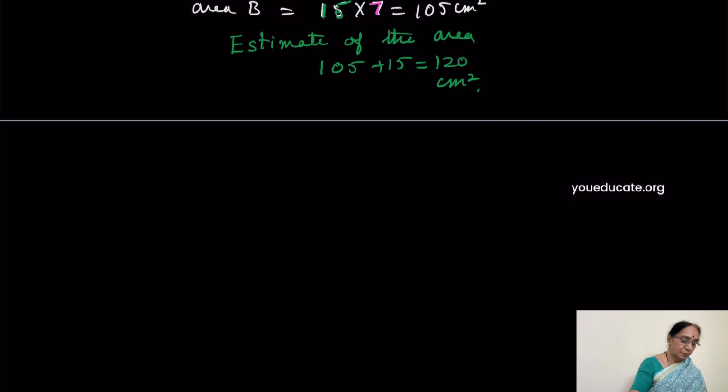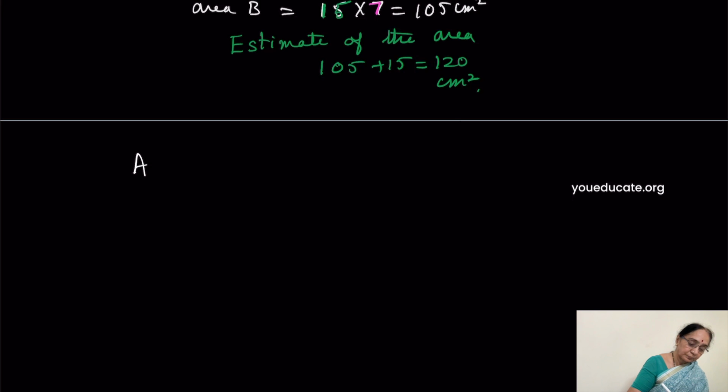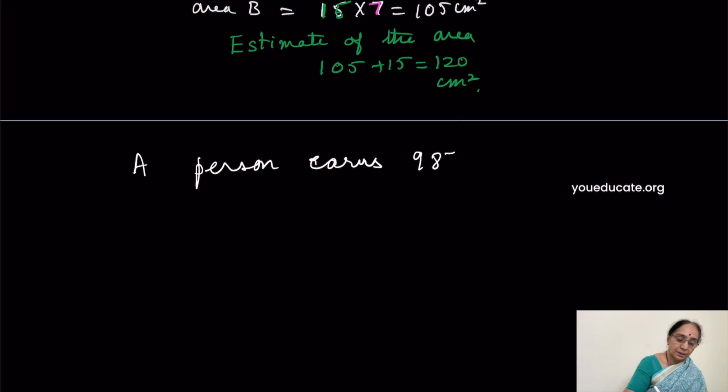Now one more word problem. A person earns $98,750 per year. Give an estimate. See, they're not asking for the exact value.